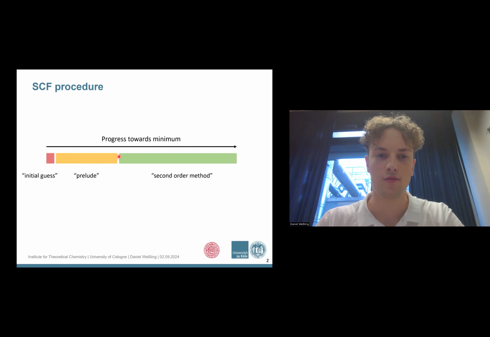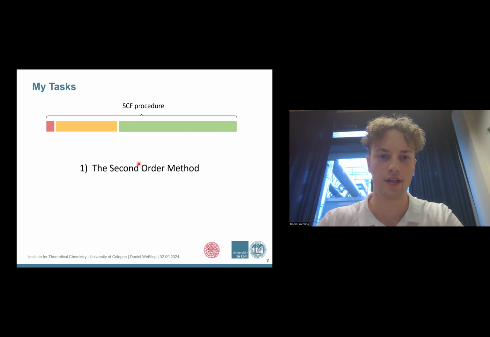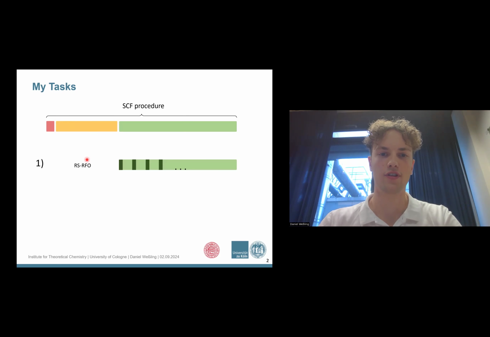And then at some point, we're going to switch to a second order method. And this is exactly what is done in this paper. And my first task was to switch out this RS-RFO, which you can see here as different iterations, marked as this dark green tone. And what also was done is to lay on top this subspace gradient enhanced Kriging for each iteration. So these methods are connected.